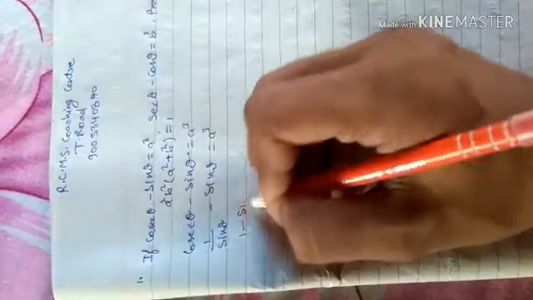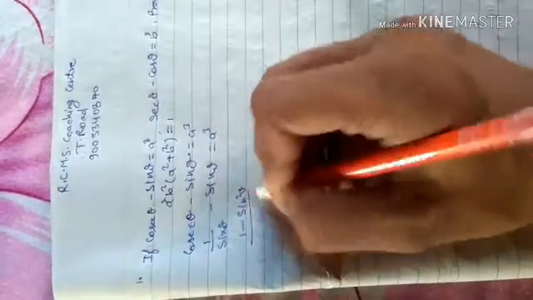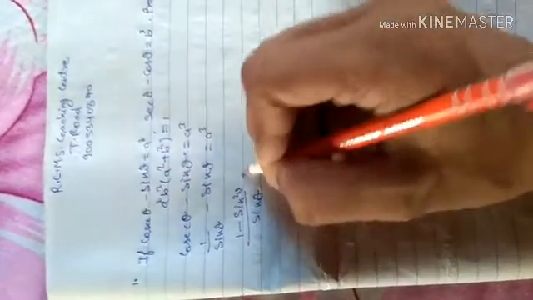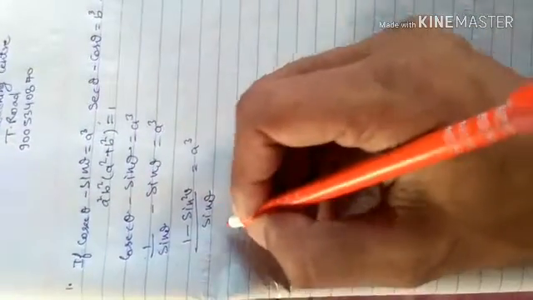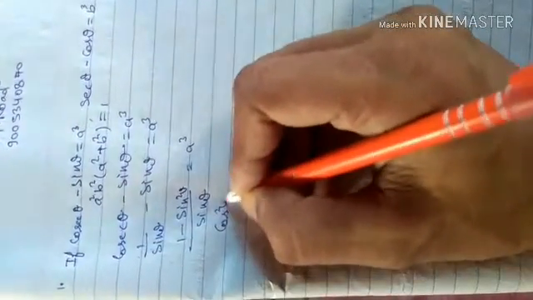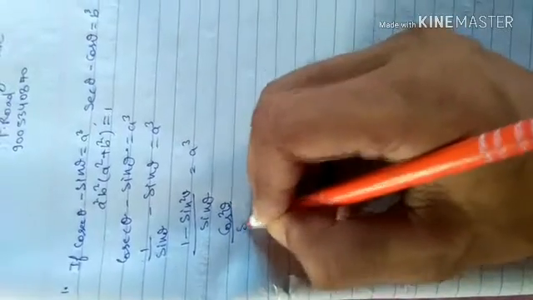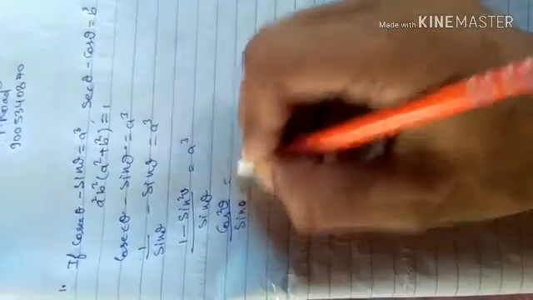Now 1 minus sin square theta by sin theta is equal to a cube. Now you know that 1 minus sin square theta is equal to cos square theta. So cos square theta by sin theta is equal to a cube.